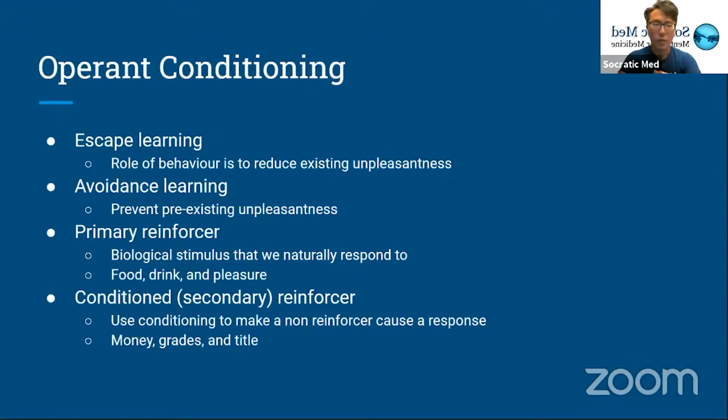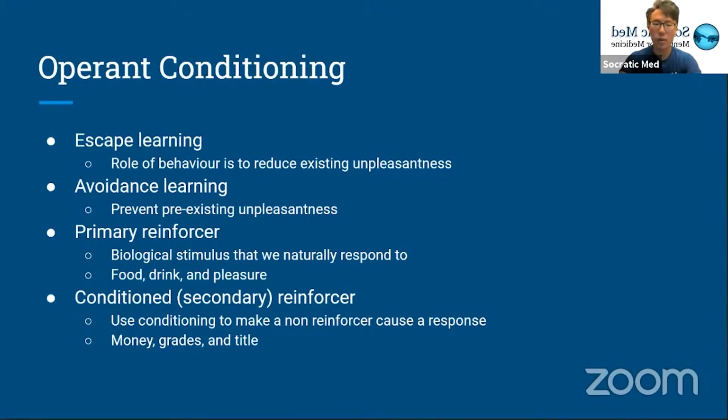A negative reinforcer would be sort of escape learning, where the role of the behavior is to reduce existing unpleasantness. Escape learning is when you try to escape a bad condition that you're in right now by performing a specific behavior.